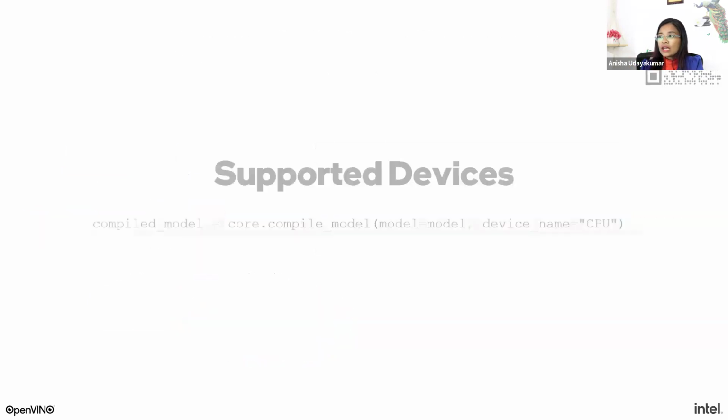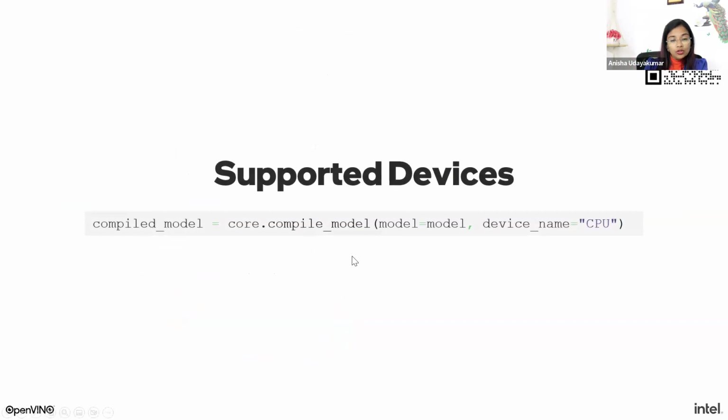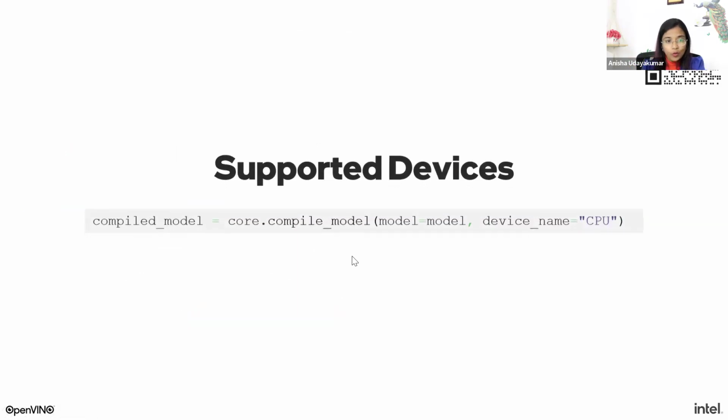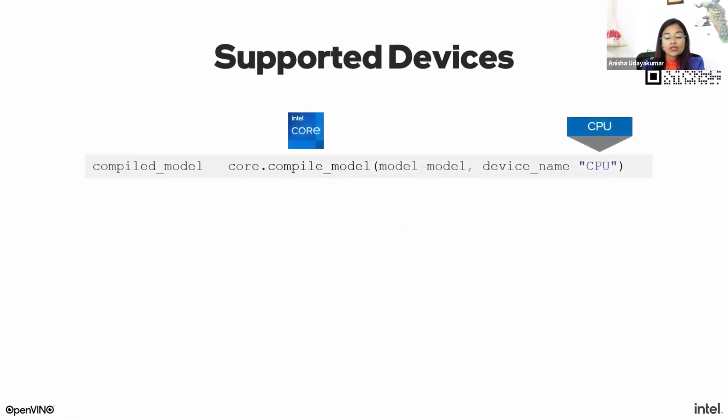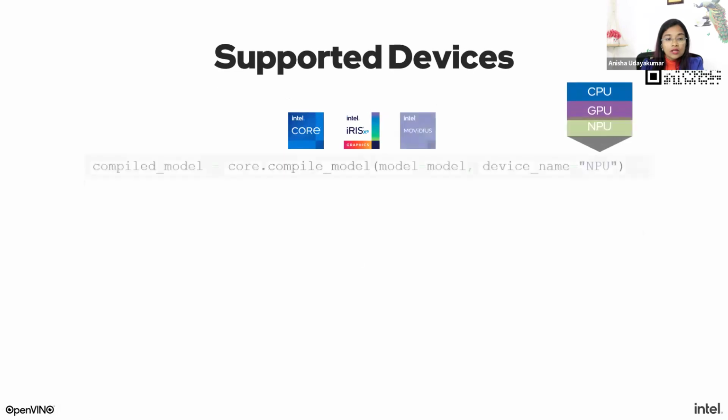So yeah, if you ask me what are all the devices that we support: CPU, we support GPUs, we have discrete GPUs, Flex series, Arc series, Iris, integrated GPUs, neural processing unit, like the ones we have in our Core Ultra.